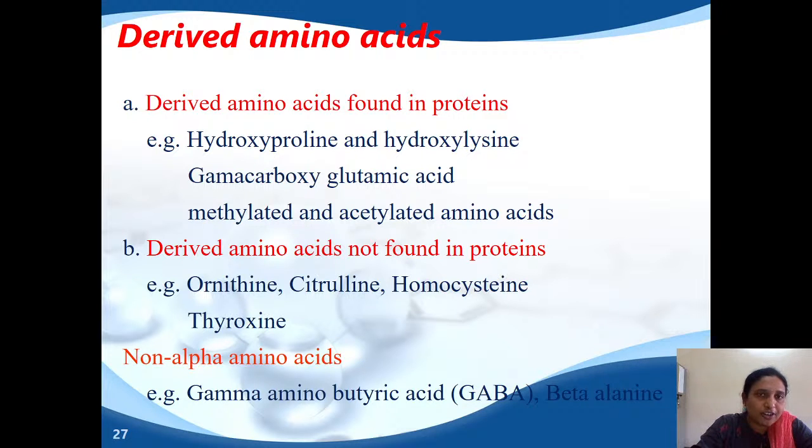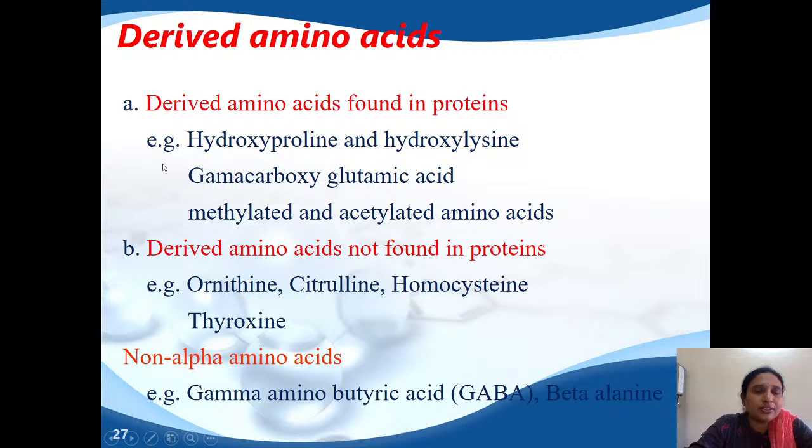Out of the 300, only 20 standard amino acids are the constituents of the protein. The rest of the amino acids are not constituent amino acids, but they may be available in the cells and they have a variety of functions. So those amino acids which are not the constituents of proteins are called non-protein amino acids, or else you can call them derived amino acids.